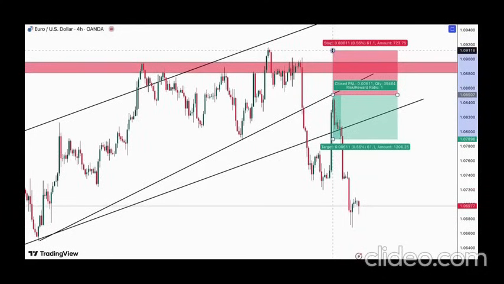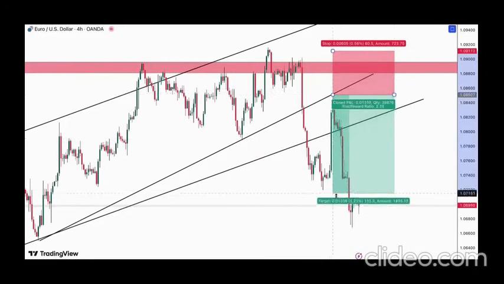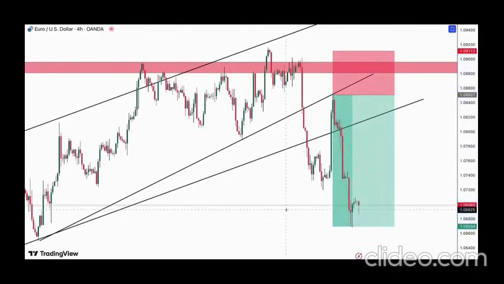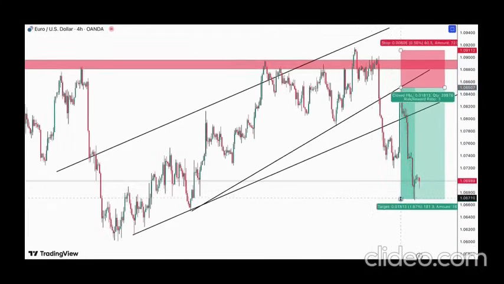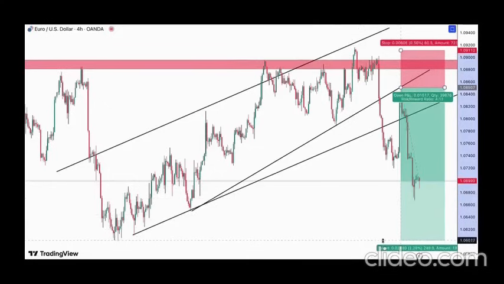Yeah, so as a swing trader, maximum stop loss should be 60 pips, especially on these forex pairs or forex currency. My take profit should be here.